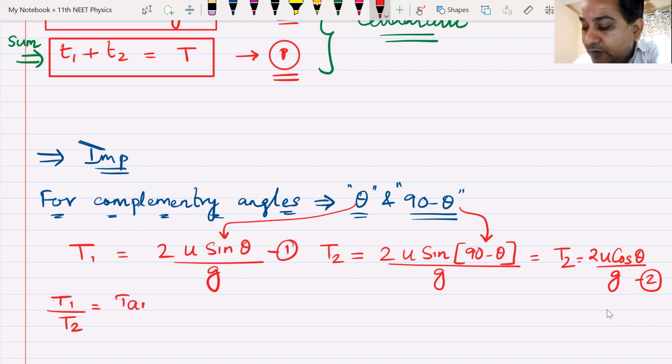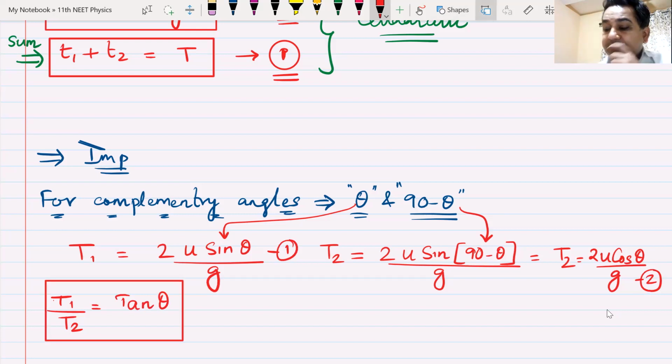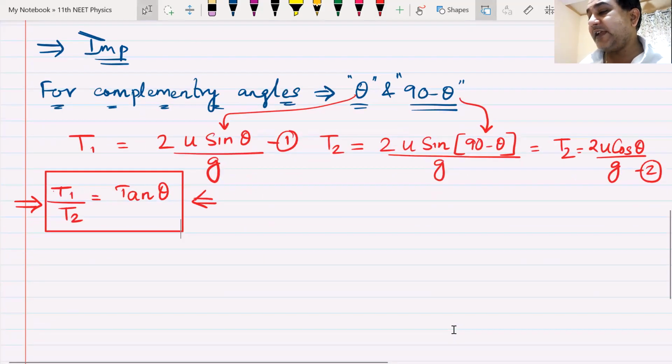I will get the value of tan theta. Am I clear? If I divide T1 by T2 for complementary angles, I will get the value of tan theta. Can I have some raised hands that we understand this, sir?